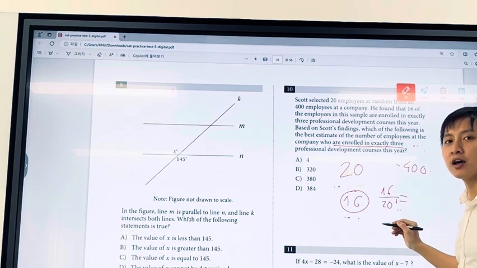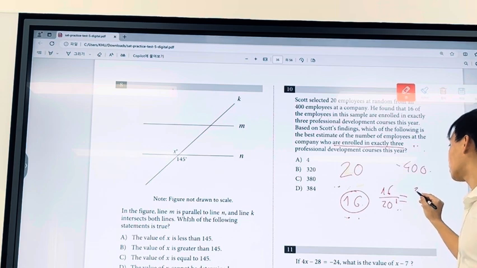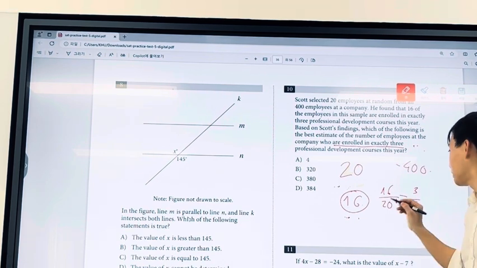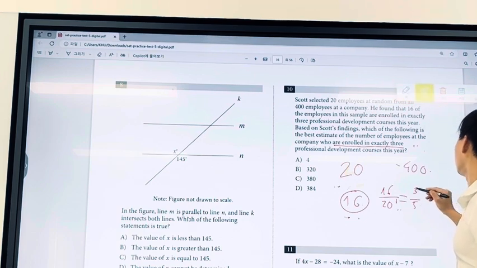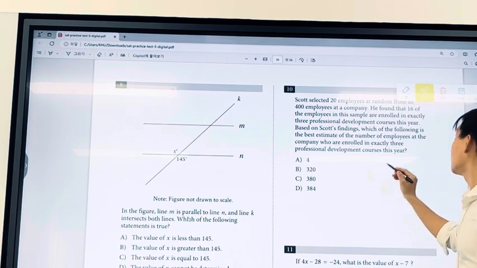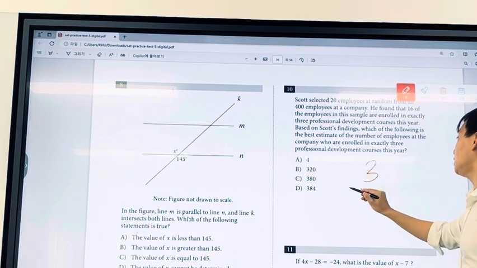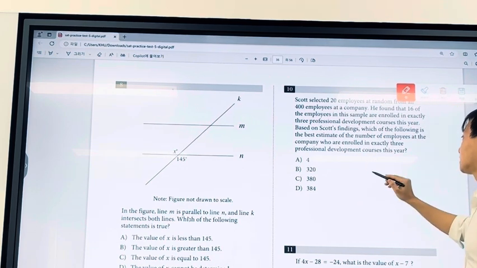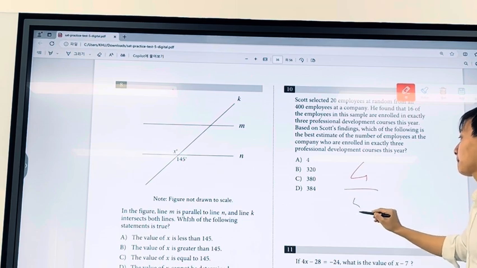You need to simplify it. It's going to be 3 over 5. I'm sorry, it should be 3 over 4. I'm sorry, 4 over 5. Oh, my bad, 4 over 5.